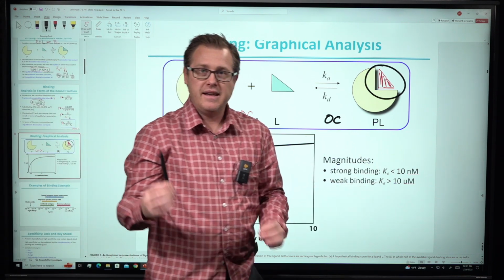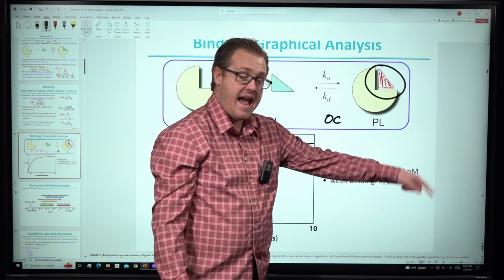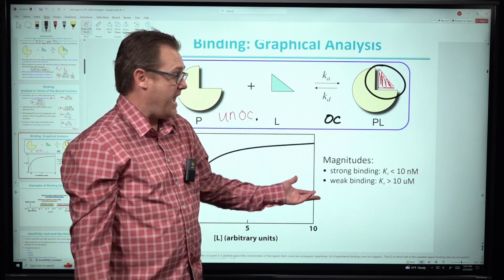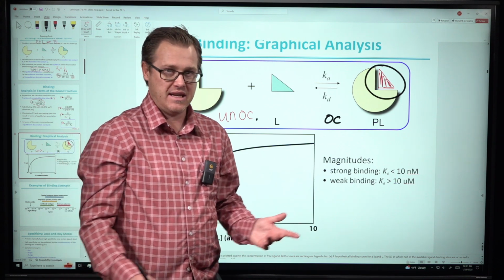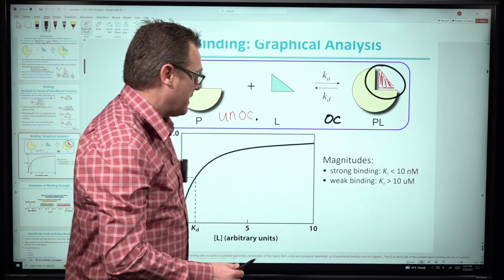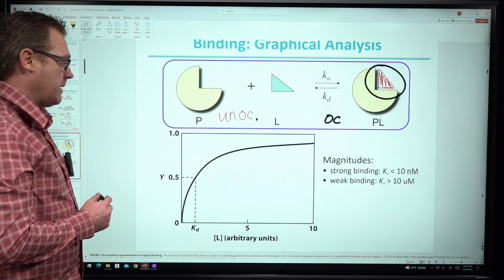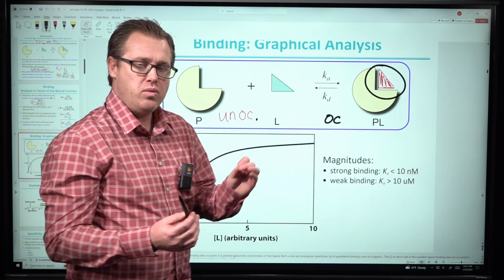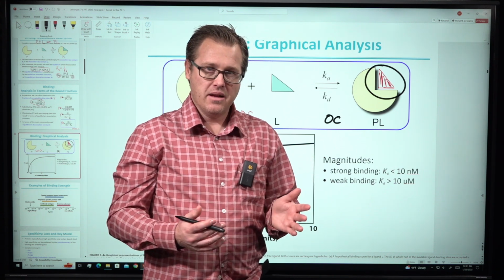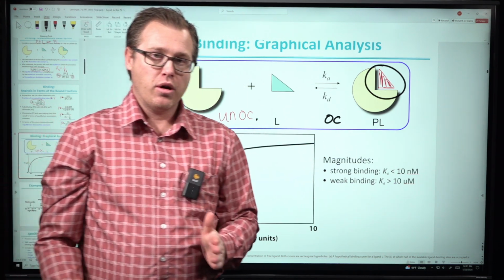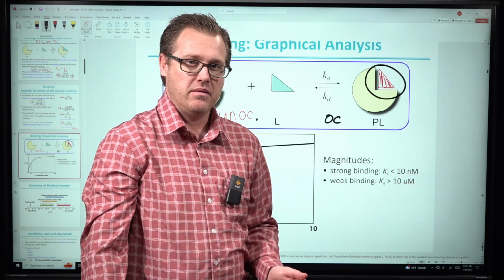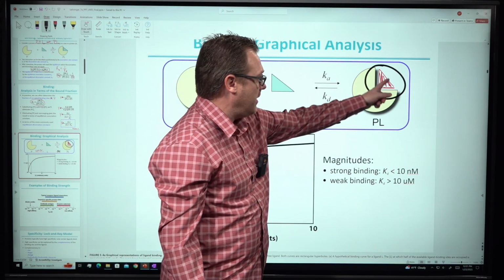It's not comparing 10 to 10, it's comparing 10 nanomolar to 10 micromolar. That's a 1,000 times difference. So the way that you want to interpret KD is, the smaller the number, the better the binding, the better the interaction that you have.